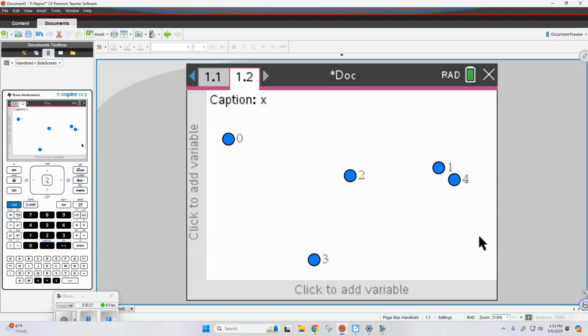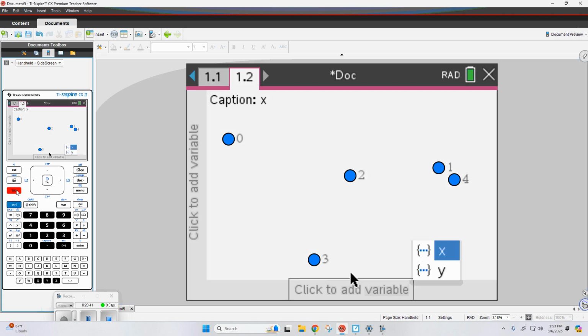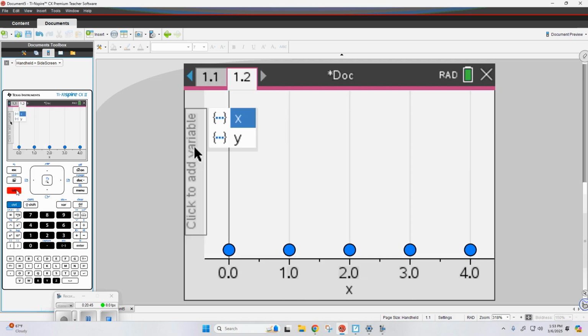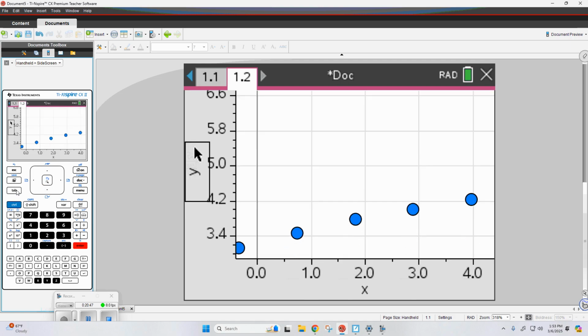Not menu. Tab. You can also use the touchpad on your calculator and use your mouse to click where it says add variable. I've always done it with tab. There are my two headings. Click tab again. Now we'll do the vertical. There's my scatter plot.